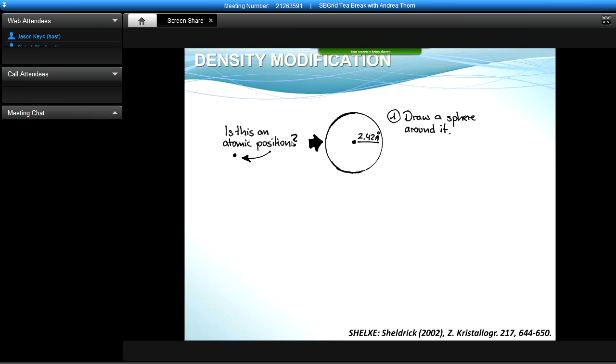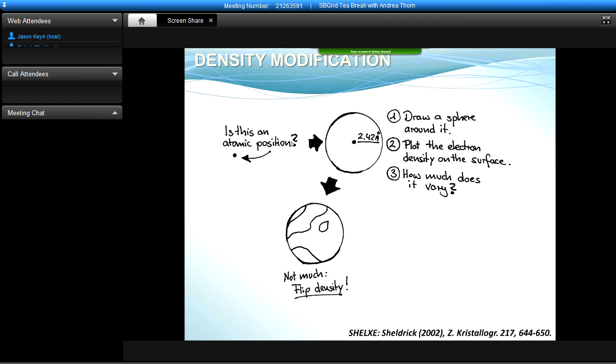Now, 2.42 angstrom is the typical 1-3 distance in a protein. So if the point in the middle was actually an atomic position, somewhere on that sphere, there should be another atom. You plot the electron density on the surface of the sphere, and you look how much it varies.